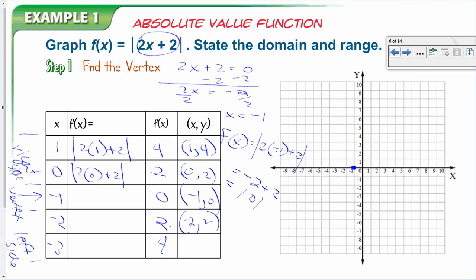And then -3 and 4. What are my points? 0, 2. 1 and what? 4. Okay. -2 and 2. -3 and 4.